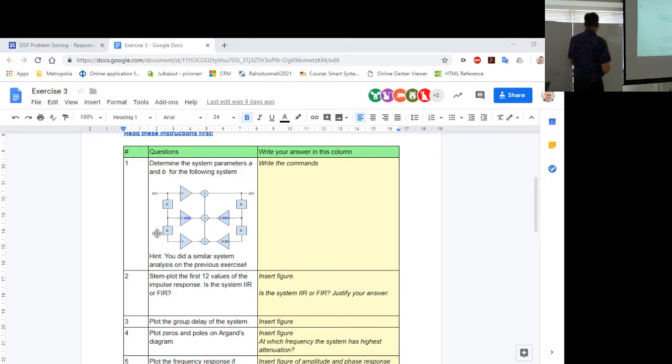Okay, the linear time invariant system implementation in Octave or MATLAB is called filter, because most of these systems are filters. And you just use it like that: filter, system coefficients B and A in this order.